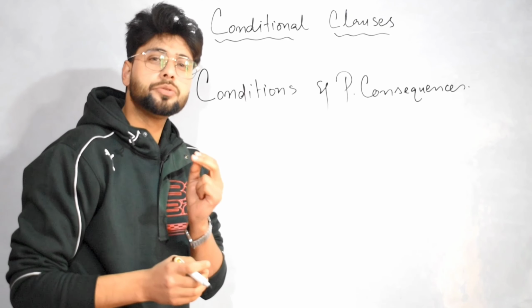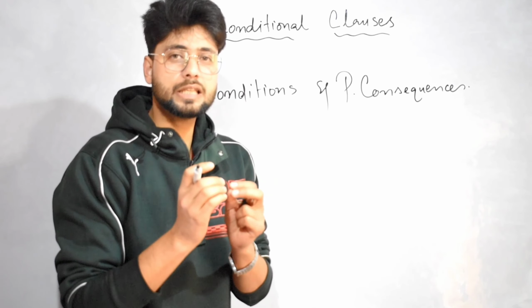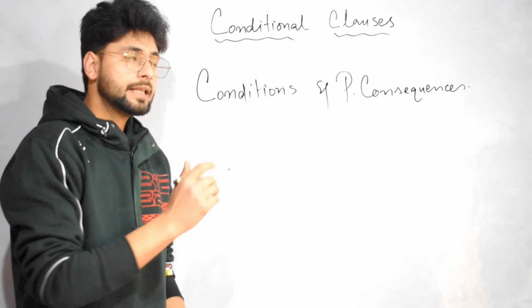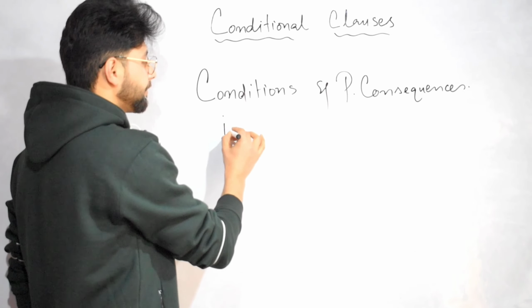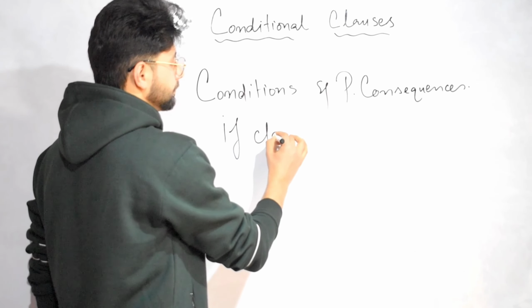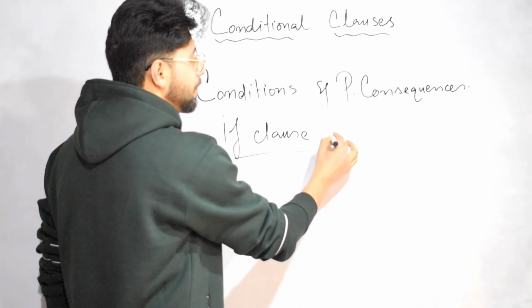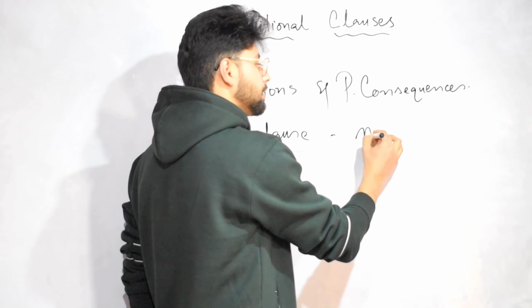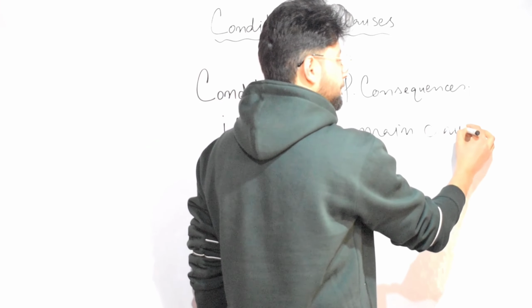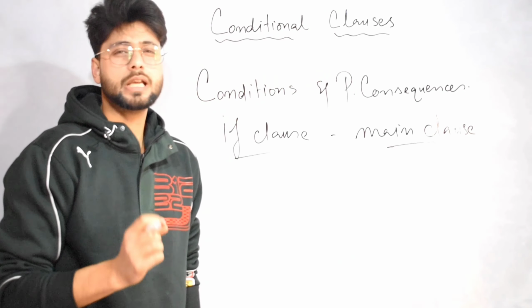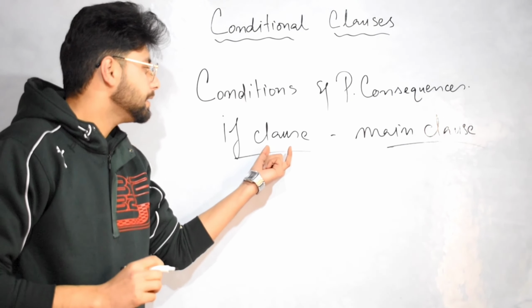Well, there are two parts in each conditional clause. The first part is called if clause, and the second part is called main clause. Now first the question is, what is meant by this clause?